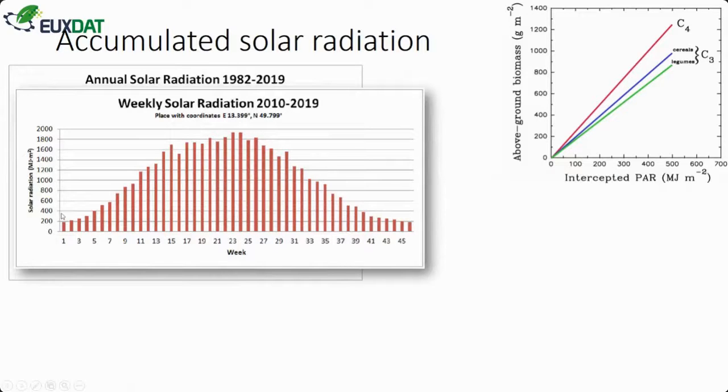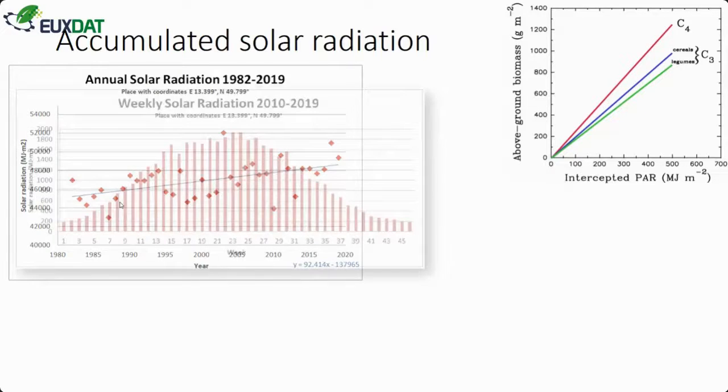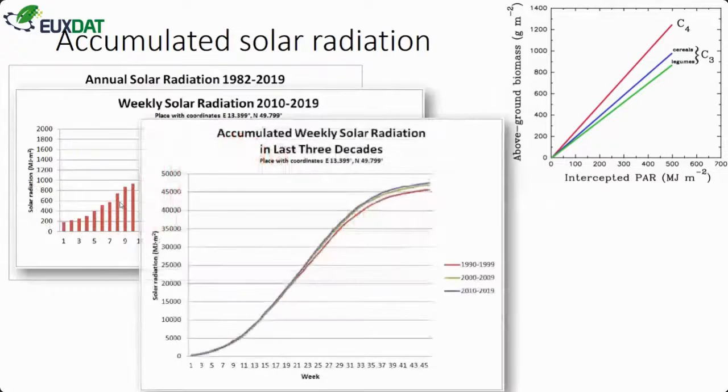For that, again, it can be very useful to see even the distribution during the year, not just having the year averages as is here. So here is the weekly solar radiation. You can see it in a cumulative way. So it's just a different visualization of the same data.